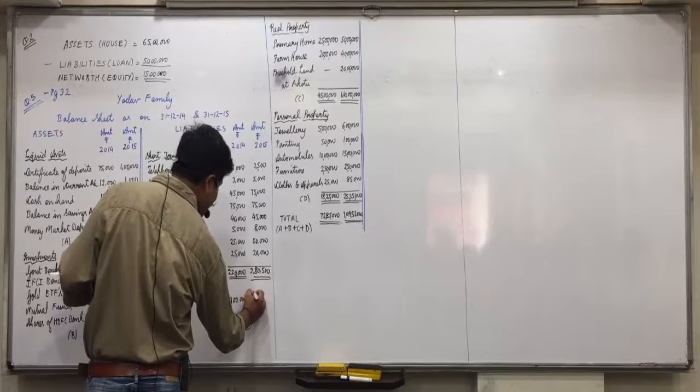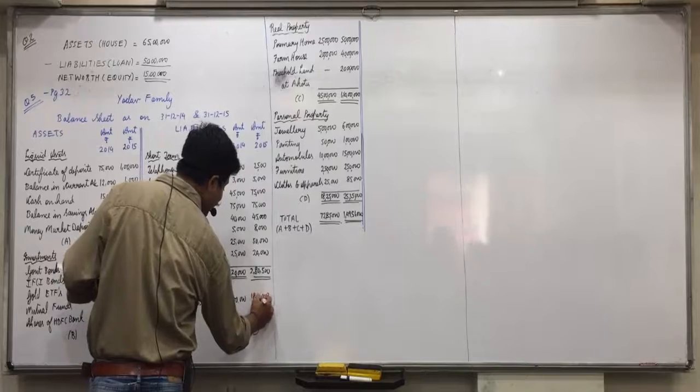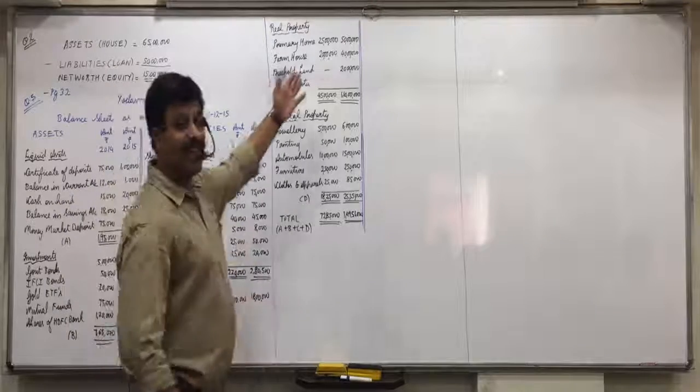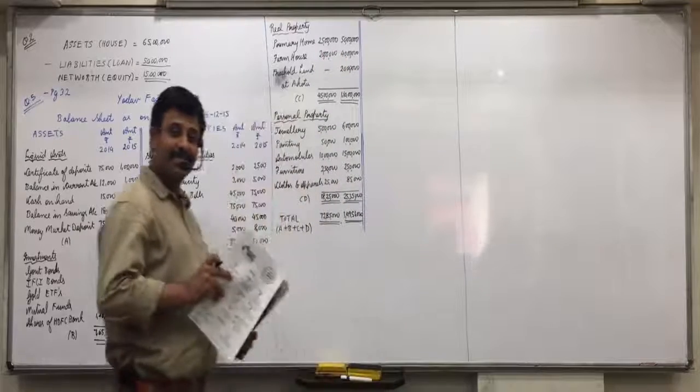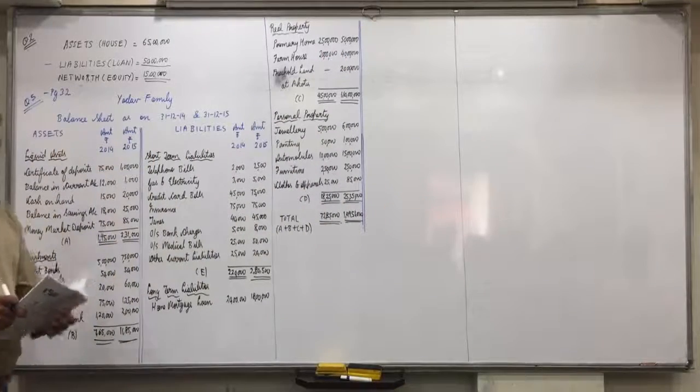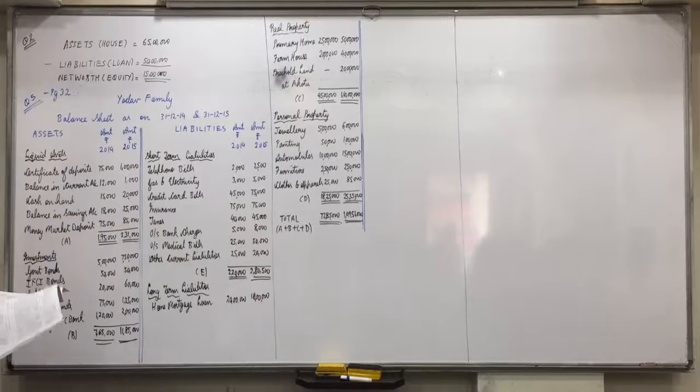How many houses of 25 lakhs? Then how can you have a liability of 2 crores? The loan should be less than that only.